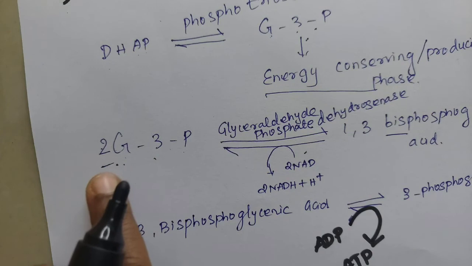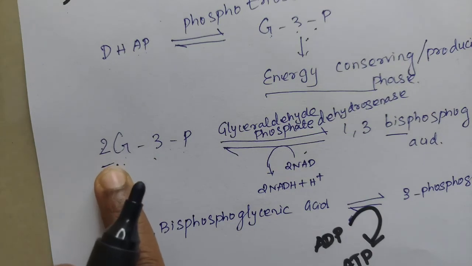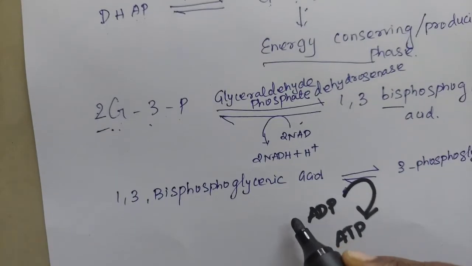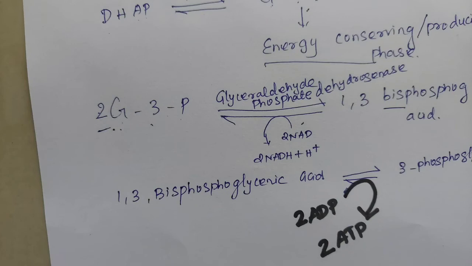And remember, we have seen 2 glyceraldehyde 3-phosphate entering into the third phase. So eventually 2 ADP molecules are converted into 2 ATP molecules. So 1 molecule of glyceraldehyde 3-phosphate gives 1 ATP; it is 2 molecules of glyceraldehyde 3-phosphate, so 2 ATP molecules are produced.